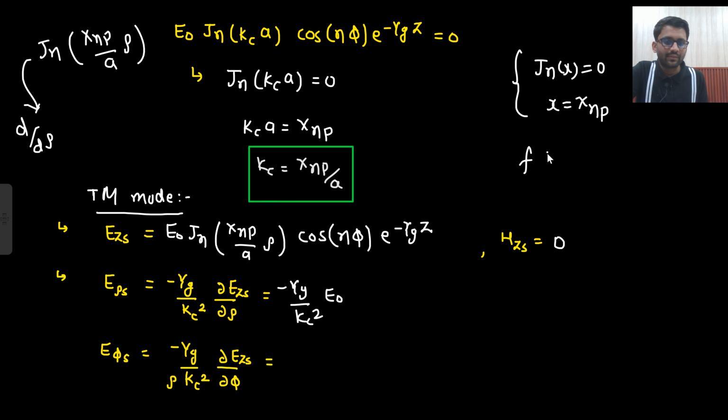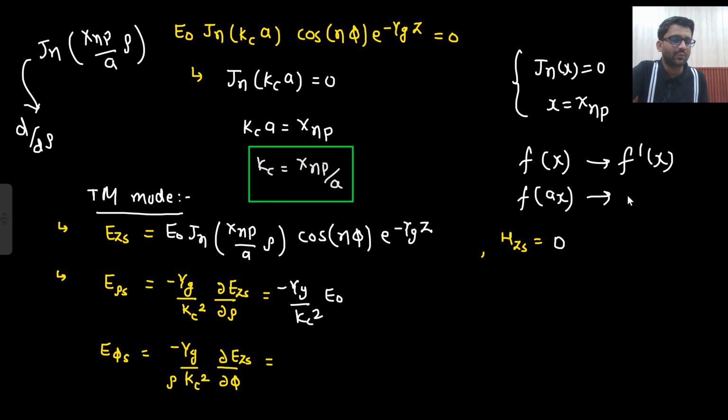So if f x is differentiated with respect to x, you get f dash x. If f of a x is differentiated with respect to x, you get f dash a x, and then because of the differentiation of the inside, a comes outward. Same thing will happen here. So this is being differentiated with respect to rho.